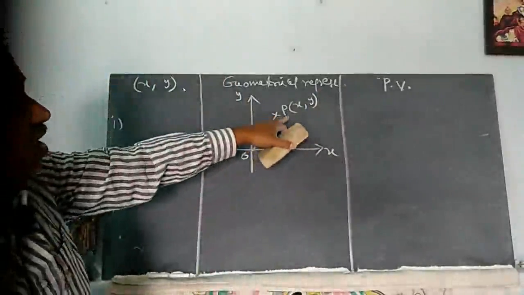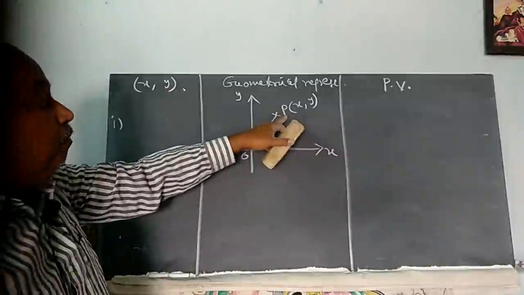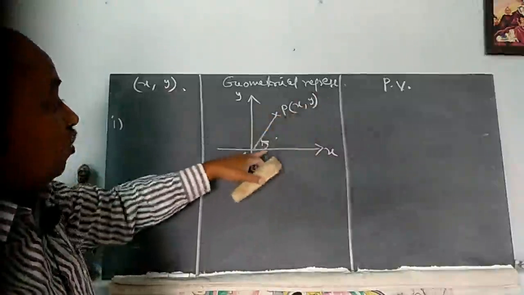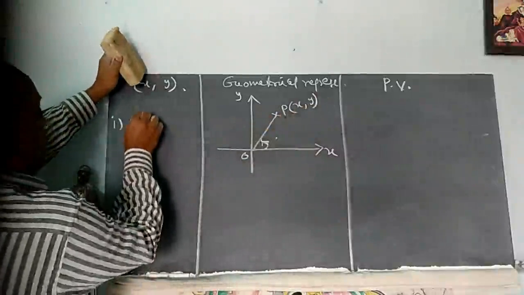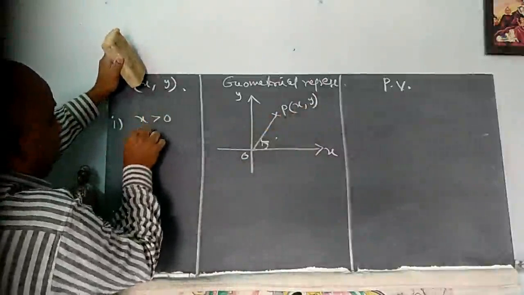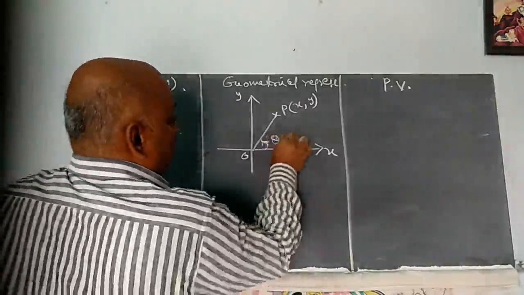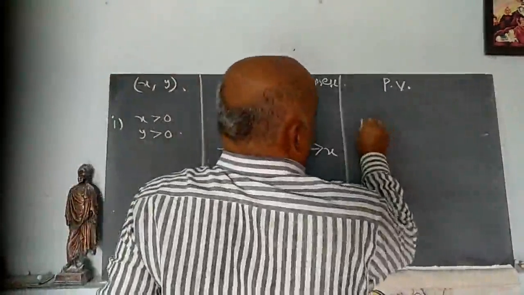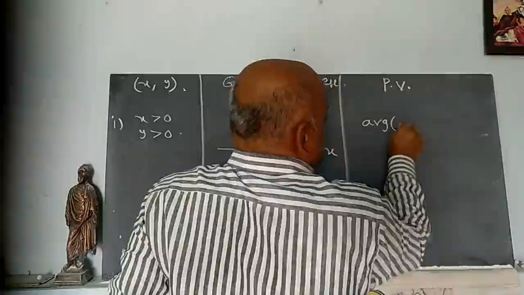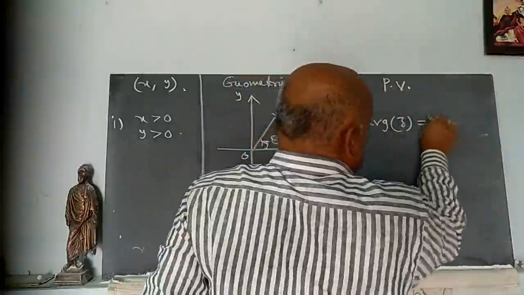In the first quadrant, x is greater than 0 and y is greater than 0. This is theta. So the principal value of the argument of Z is theta.